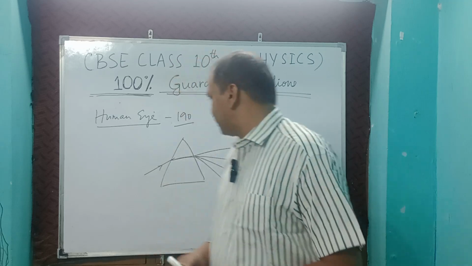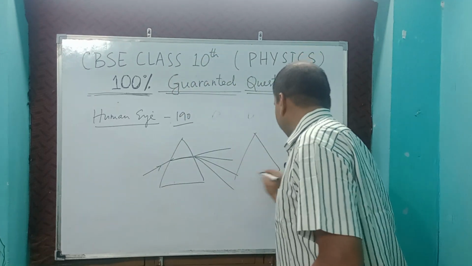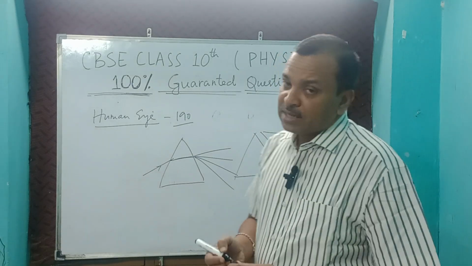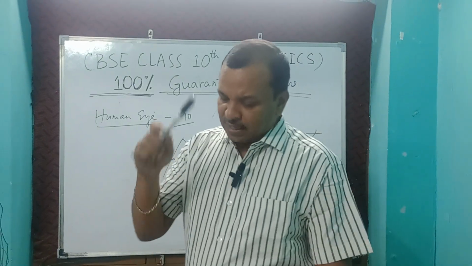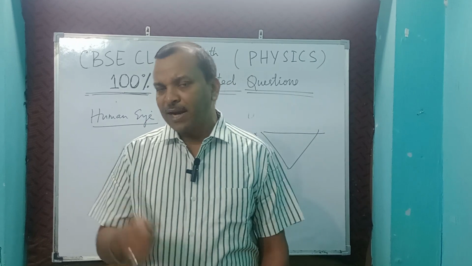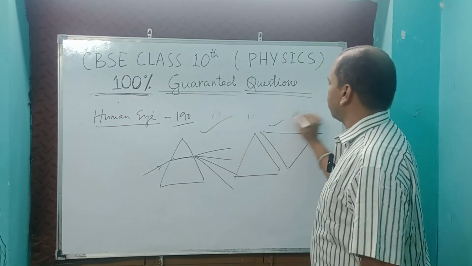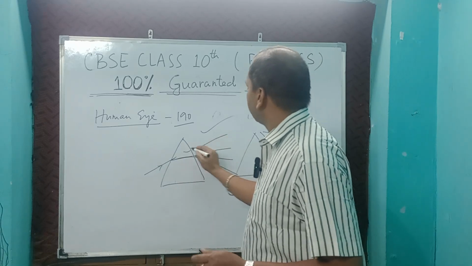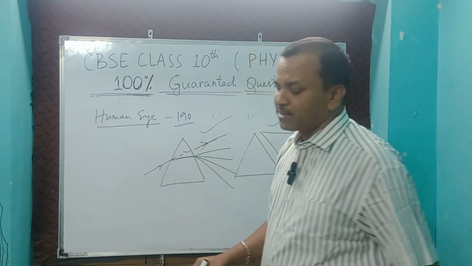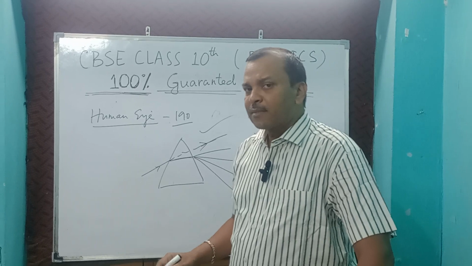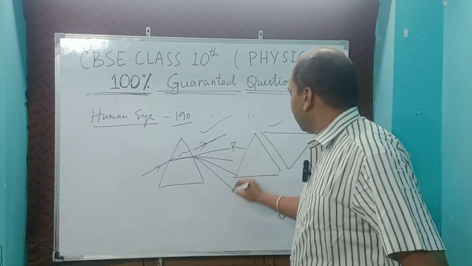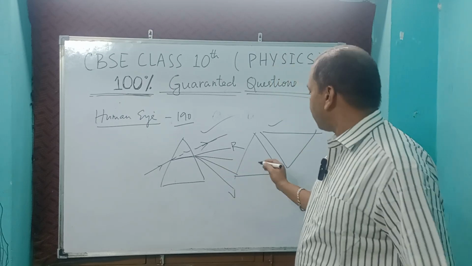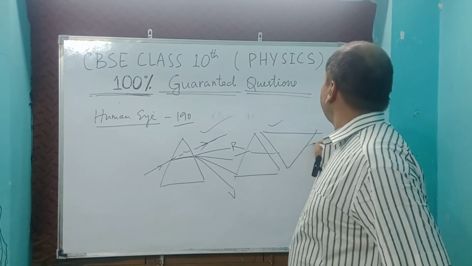And the second one is this diagram on the same page, recombination of spectrum of white light. This one or this one, you are going to get 110% with the ray diagrams. Clear? Here you have to write R and V, R for red, V for violet. Here also the same. Clear?